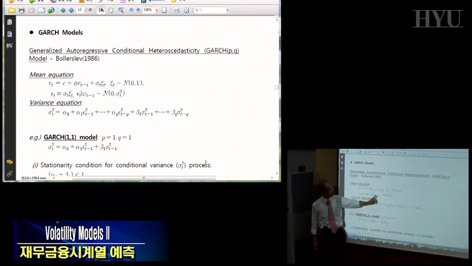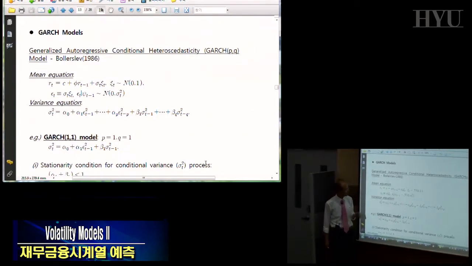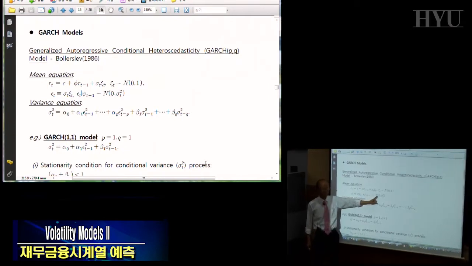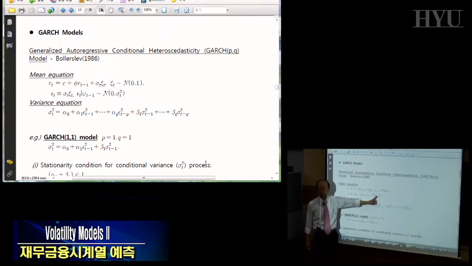But the more important feature of this is, well, epsilon t is not normally distributed. Actually, the more correct way of saying it is epsilon t is conditionally normally distributed with zero mean and conditional variance sigma t squared.